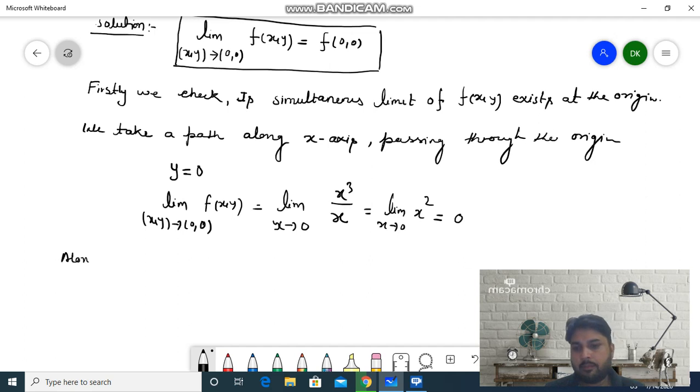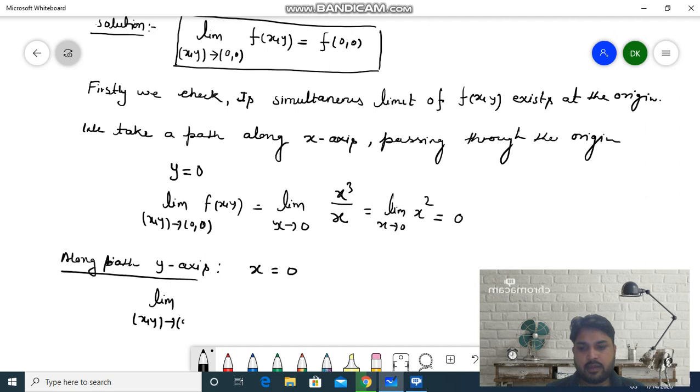Along the path y-axis, that is x is equal to 0, put x is equal to 0: limit (x, y) tends to (0, 0) of f(x, y) is equal to limit y tends to 0, in place of x we will use 0, so it becomes y cube upon minus y.